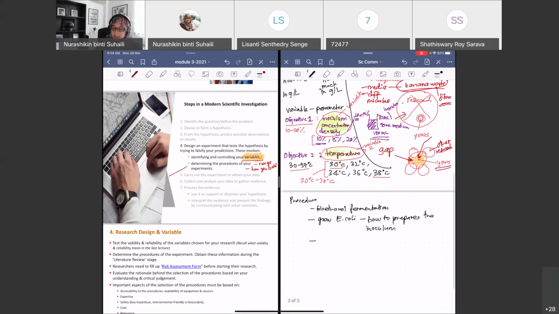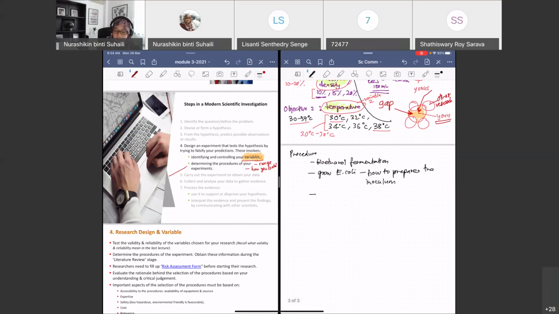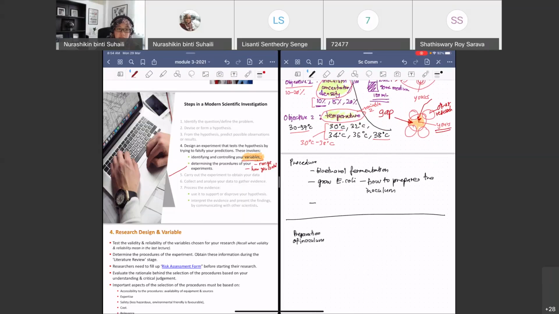For example, in this case, we have to know the flow of the work. First, it starts with preparation of inoculum. And also you have to know that you are using banana fiber.